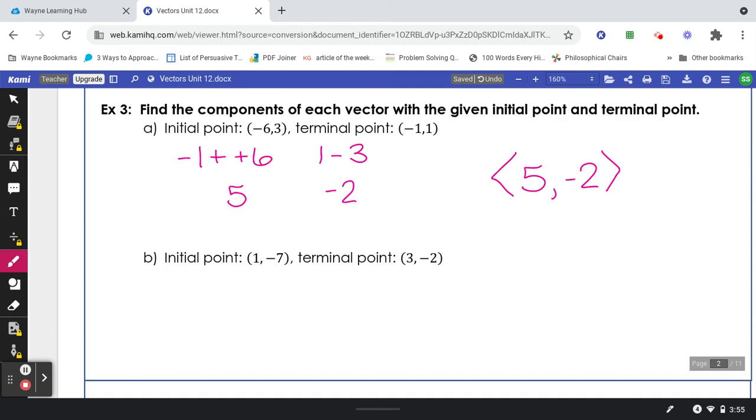The next one, same thing, 3 minus 1, and -2 minus -7. 2, and the double negative turns positive, 5, so 2, comma, 5. And both of those, because they're in component form, means they started originally at 0, 0.